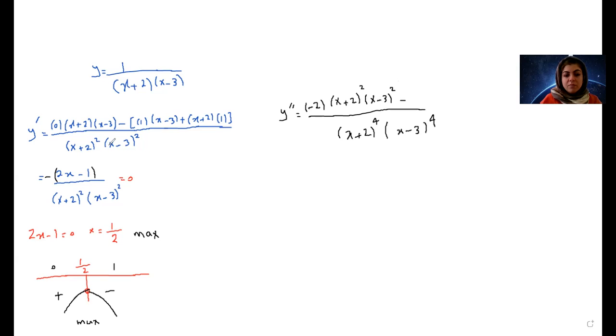Now I keep the numerator without any change. The numerator is -2x minus 1, so negative and negative turn to positive. And here's 2x minus 1.